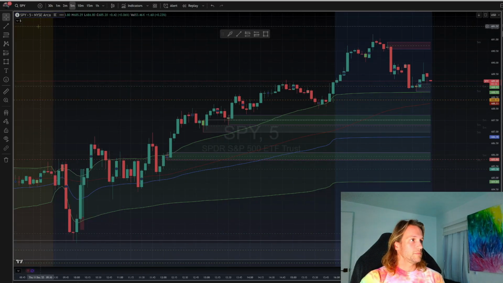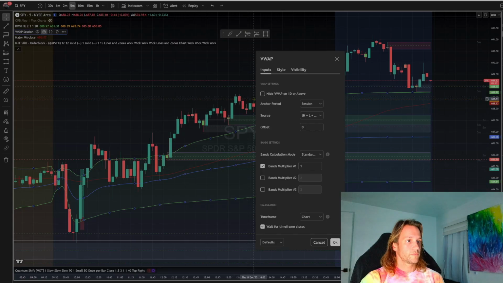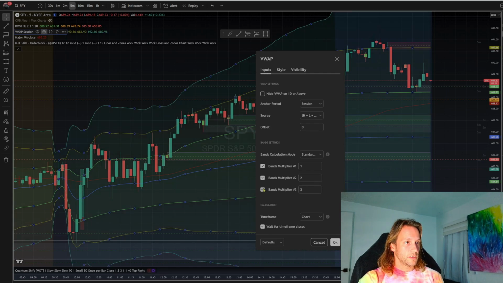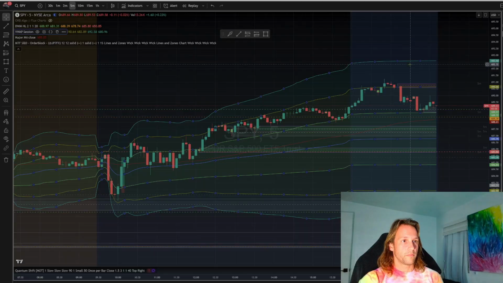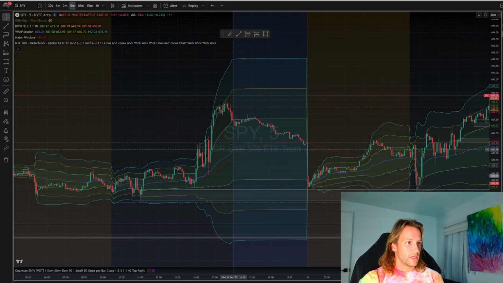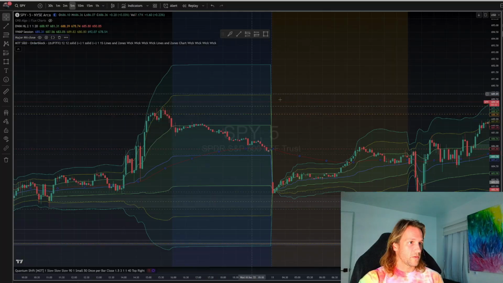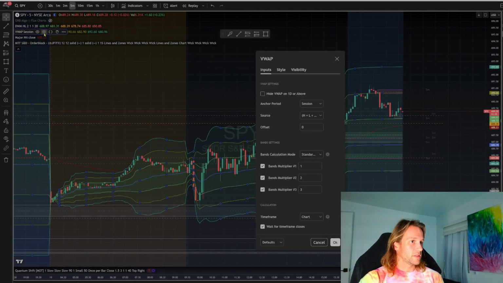But with that, let me show you the settings I use. I only have the single band on. I'll show you band 2 and 3, but here's an area where you hit the third band, but that's too much for me. That's just extra.